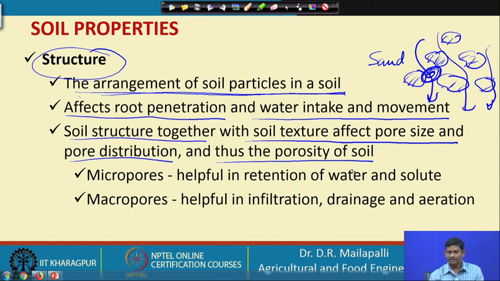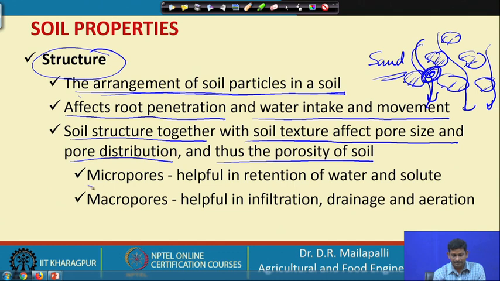For example, in the case of clay versus sand, clay has smaller pores, and sand has larger pore space. So, water moves freely into the pores compared to clay soils.